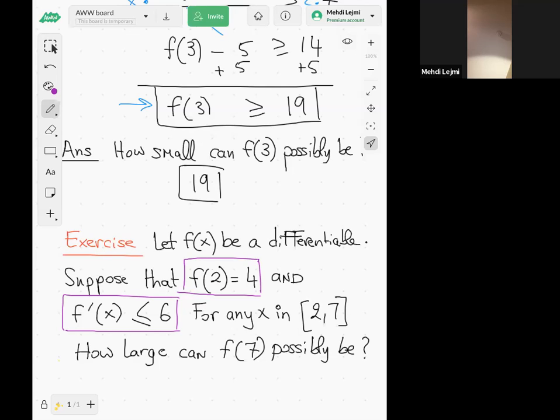All right, guys. Any guess how large can f of 7 possibly be? What will be the largest possible value for f of 7? So you know that your f of 2 is 4, and your derivative between 2 and 7 is always less than 6.